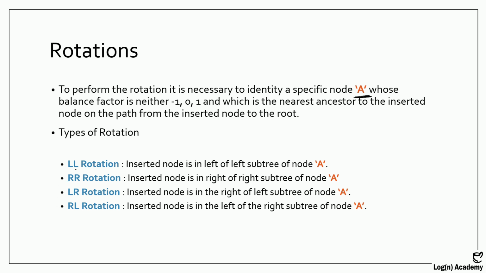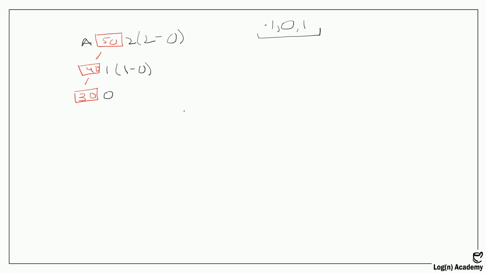So what is LL rotation? LL rotation says the inserted node is in the left of the left subtree of node A. Now what is this? Let's look at this picture again. We inserted 30, we inserted 40. So both these nodes are on the left side of this tree.